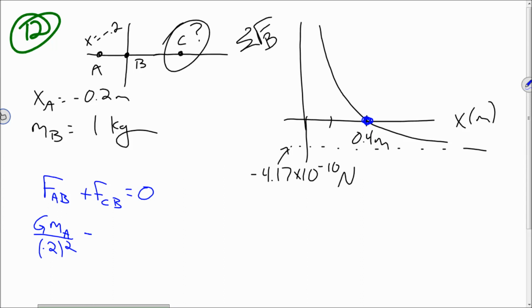So I'm just going to make this minus G times, let's see. So now we're talking about the force between B and C. So that's the mass of C, which I don't know, times the mass of B, which is 1 kilogram, over 0.4 squared. So there's equation number 1. Follow? Okay, and you could simplify this. You could certainly divide out the G's, right, to simplify it.